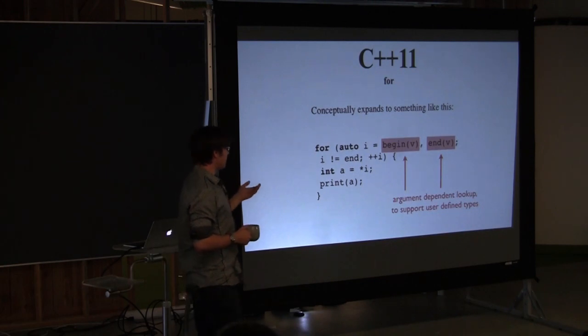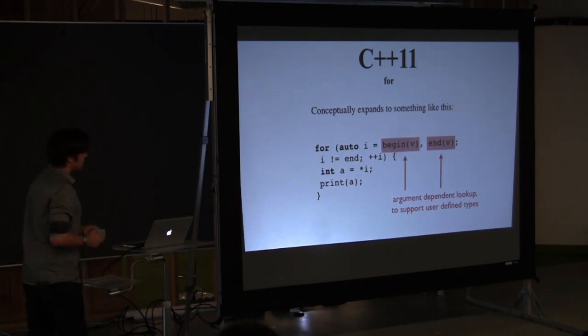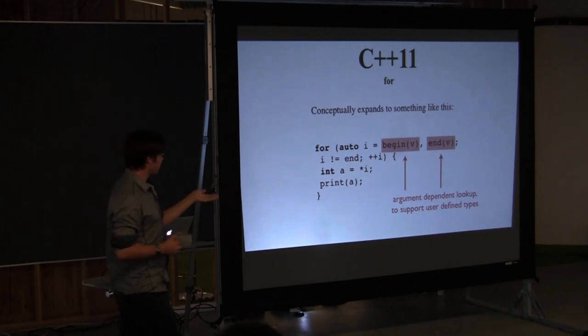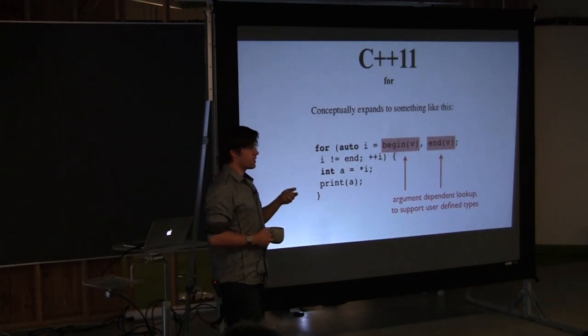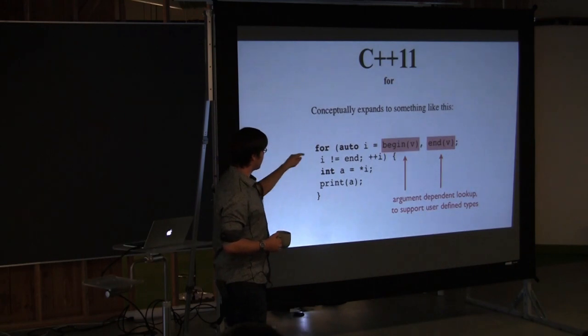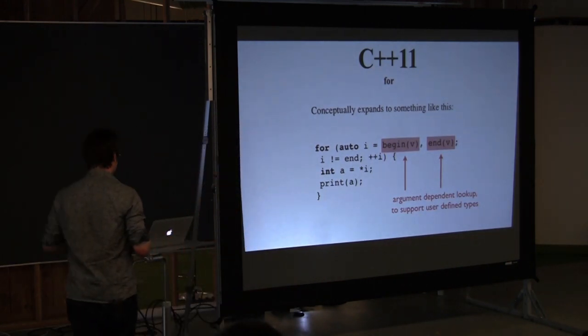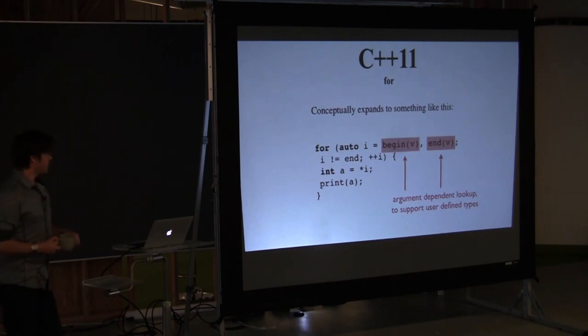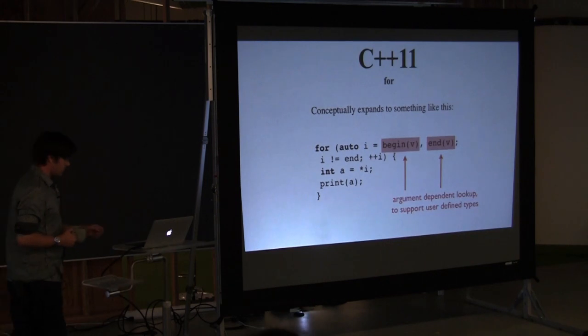So it's going to look for plus operators in the same namespace as your type. It can be used for regular free functions as well. And in this case, it means that if v is your own type, you can also write a begin and end function in the same namespace as that, and it will just work in the for loop. And the standard provides begin and end for C arrays, and obviously for all of its containers as well.